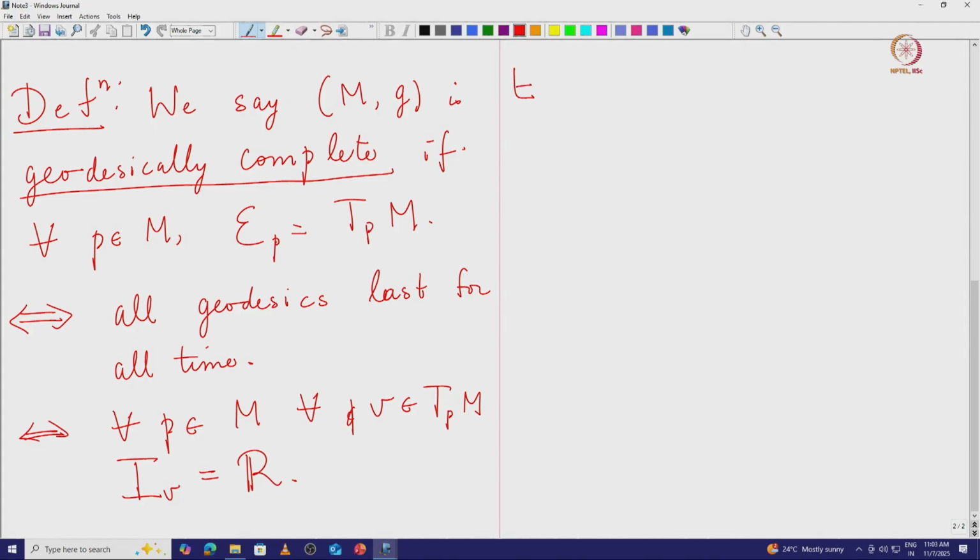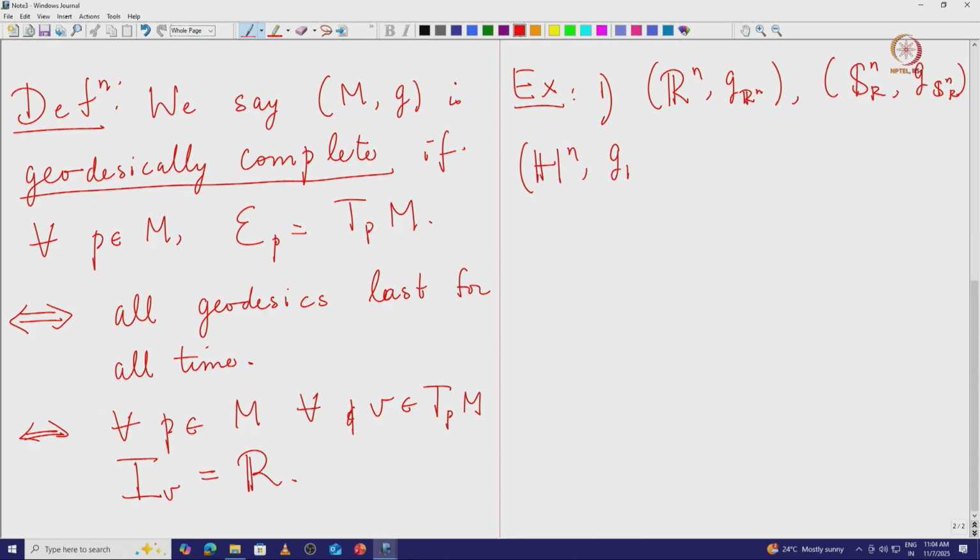Right, so just to give you a quick example, all the nice Riemannian manifolds that we have looked at, for instance all the model spaces, are geodesically complete. In fact for the case of the sphere we wrote down exactly all possible geodesics and we saw that they lasted for all time, right. So essentially you just go around the great circle ad infinitum.